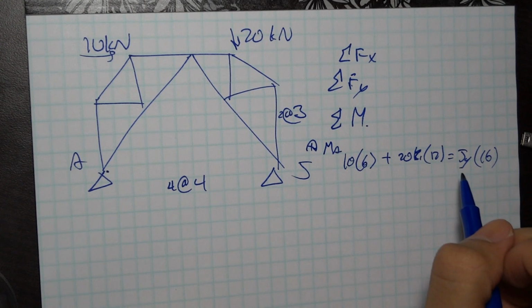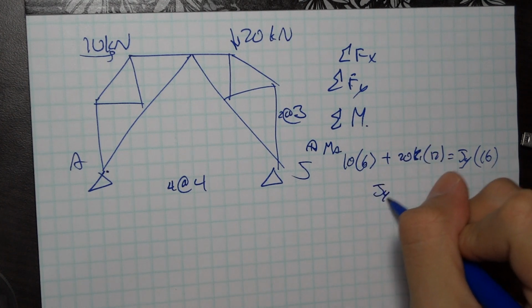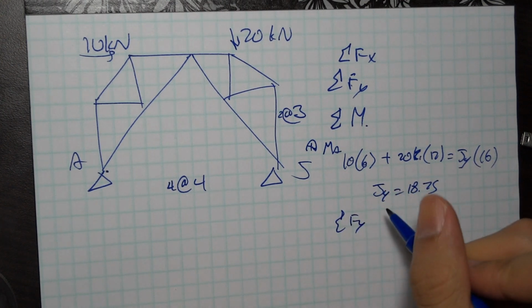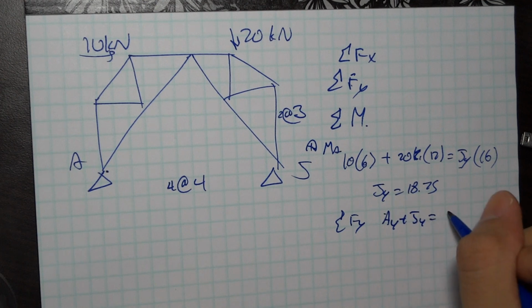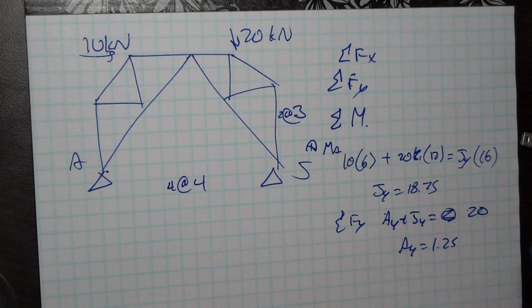I just use the joint label and then use subscripts to label the direction. You can use whichever one is more convenient for you. Just label it clearly. From here, you'll get Jy equals 18.75. From sum of forces in y, you get Ay plus Jy equals 0, and Ay has to equal 1.25, sorry, equals 20.